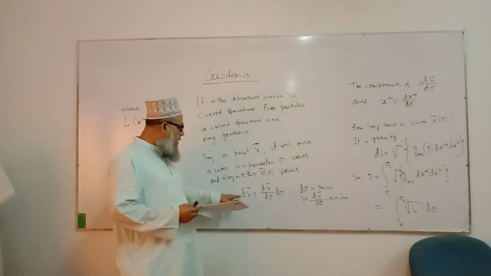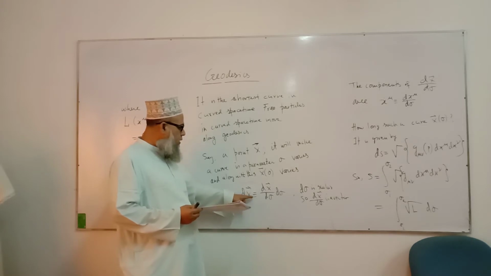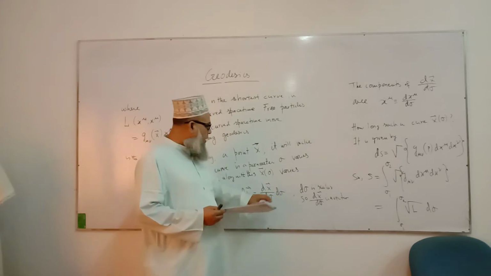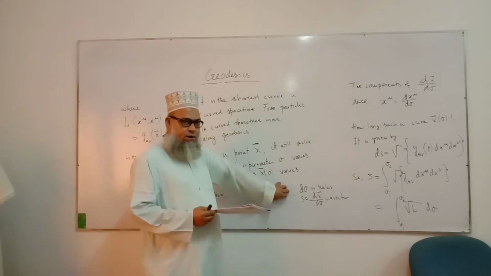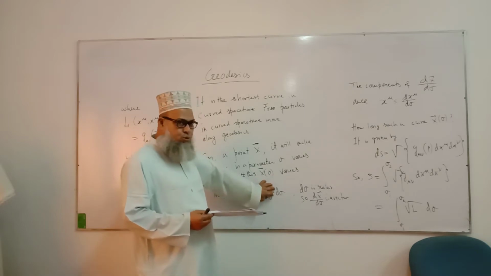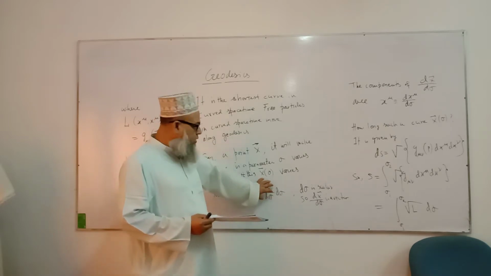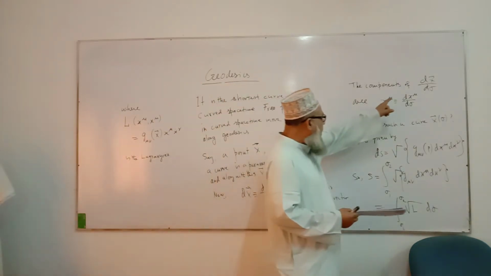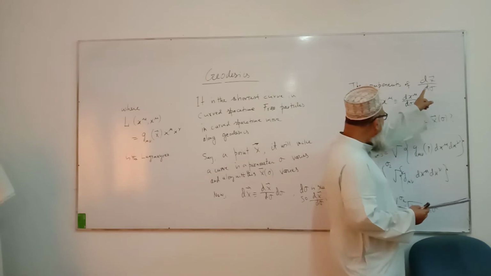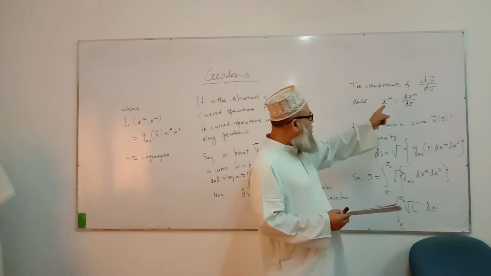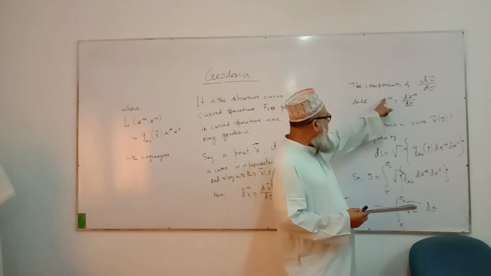Now take a small infinitesimal displacement dx. You can write it as dx by d sigma multiplied by d sigma. Now d sigma is a scalar, and dx is a vector, so dx by d sigma should be a vector. The components of dx by d sigma are called x dot mu.